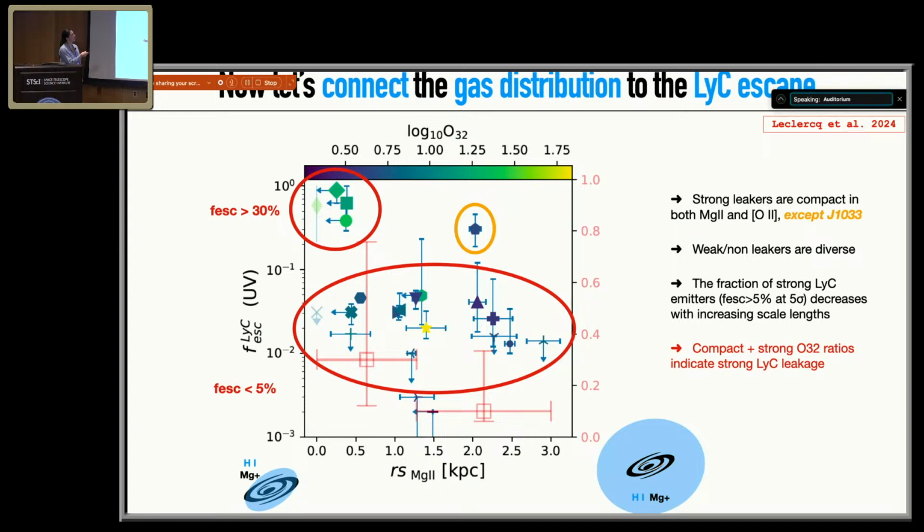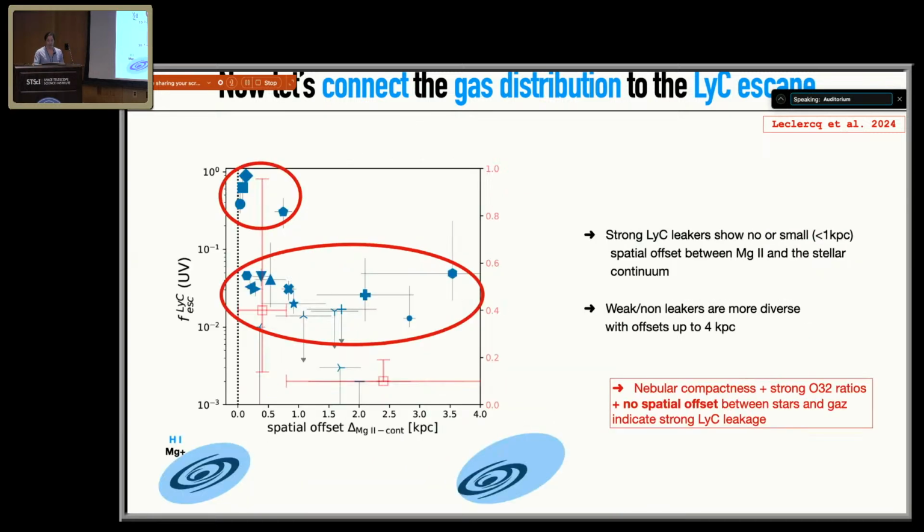Those points are color-coded by the O3O2 ratio, and you see that those objects all have high O3O2 ratios. We see the same kind of result for the spatial offsets, where strong leakers do not show significant spatial offsets between the stars and the gas.